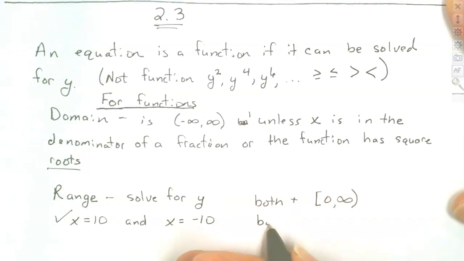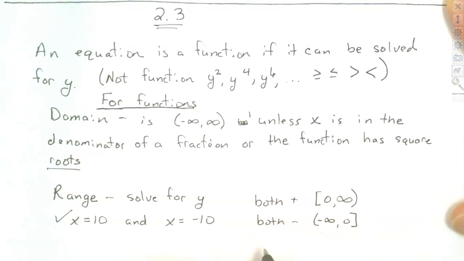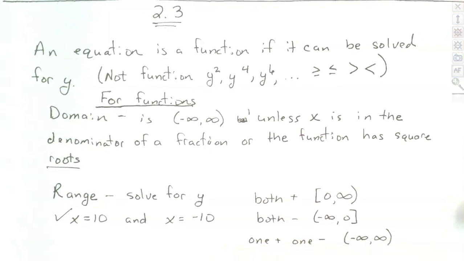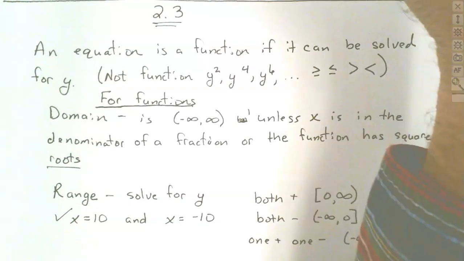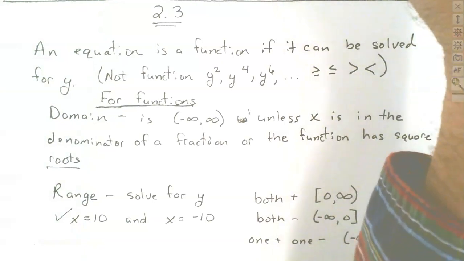If both are negative, then you have negative infinity to 0. And if one of them is positive, one of them is negative, then your range is negative to positive infinity. So these are pretty simple, unless it's a fraction. If it's a fraction, it's a little bit different, which we only have a couple of those.